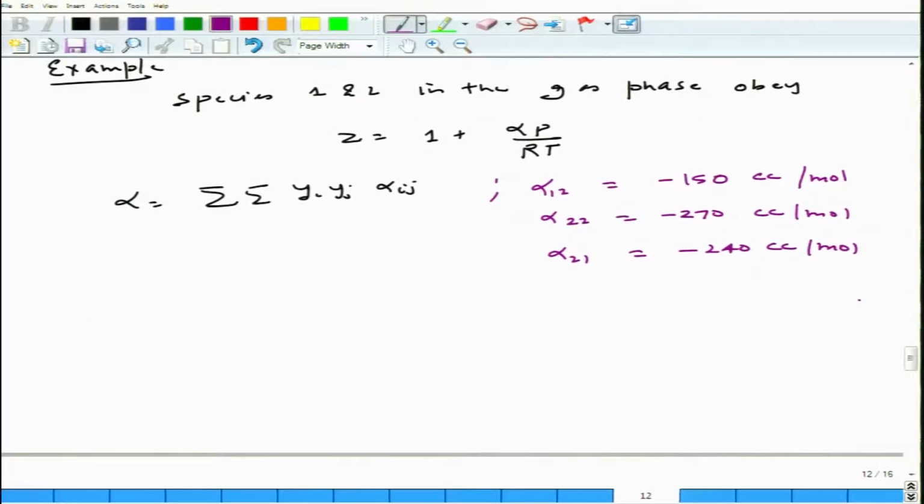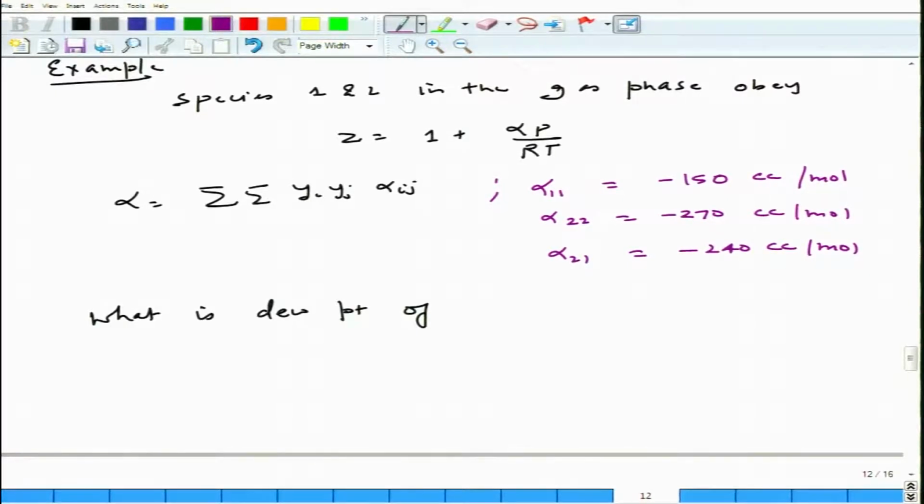The question is, what is the dew point? This must have been alpha 11.